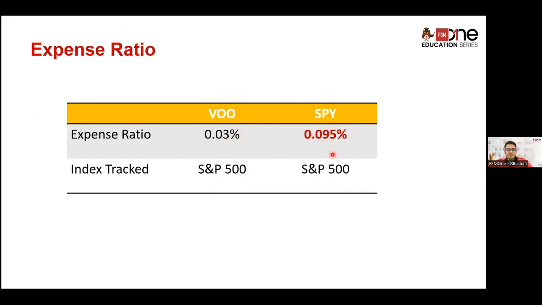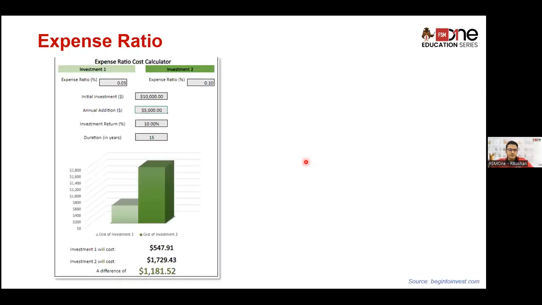Does the difference in the expense ratio make a difference? Well, in the shorter term, it's not that much, and if you have a small account, not that much. But in the longer term, when your account size grows, it has an impact, right? For example, one is 0.03, one is 0.095.